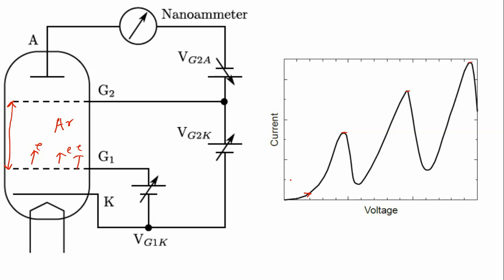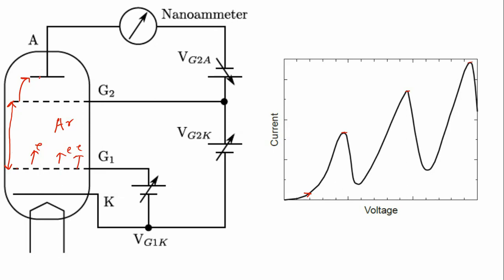Although there would be this kind of elastic scattering, since it is in a potential difference and moving towards the positive potential, it will keep on gaining energy. So during this trajectory from here to here, you expect that the electron gains sufficient energy to cross this barrier and reach the anode.